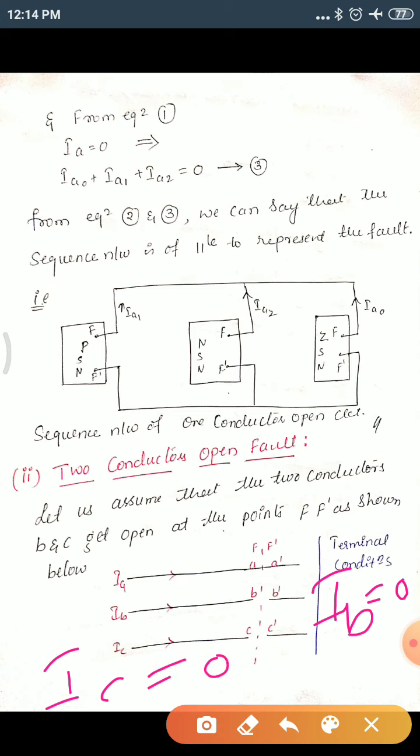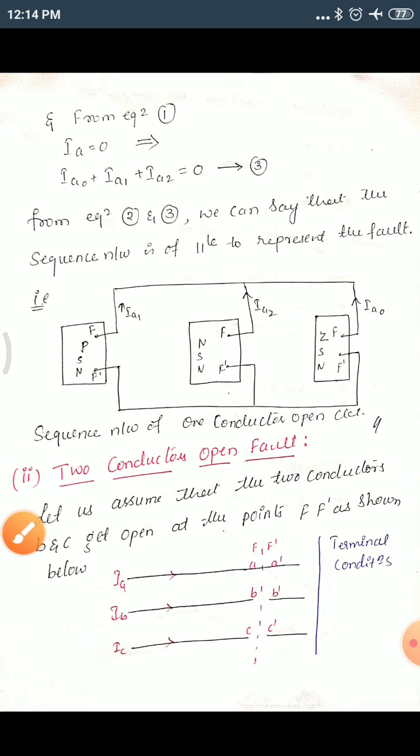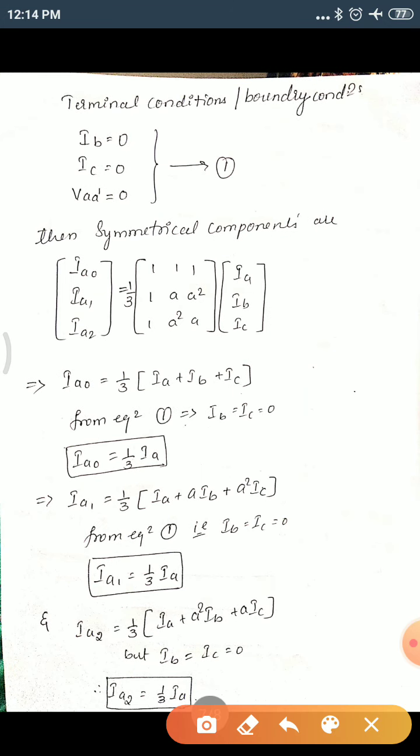And this is a short circuit, it is not open, so at the fault condition VAA dash will also be equal to 0. These are your terminal conditions. I hope you have got how to write these terminal or boundary conditions. Let's see all those things we have written here: IB equal to 0, IC equal to 0, and VAA dash is equal to 0.